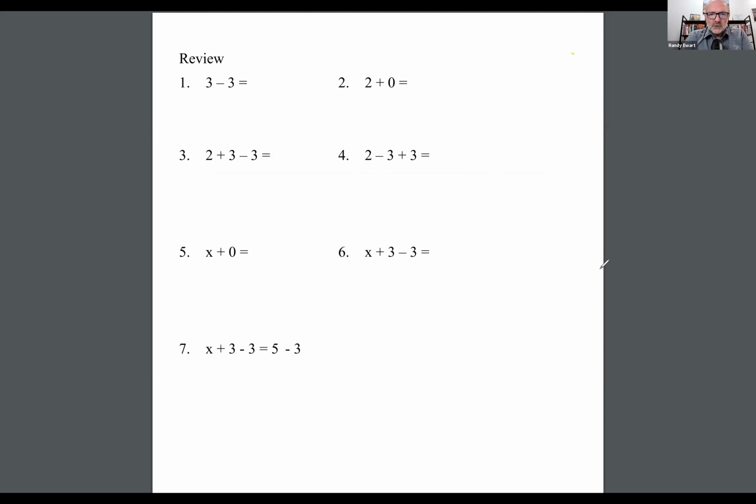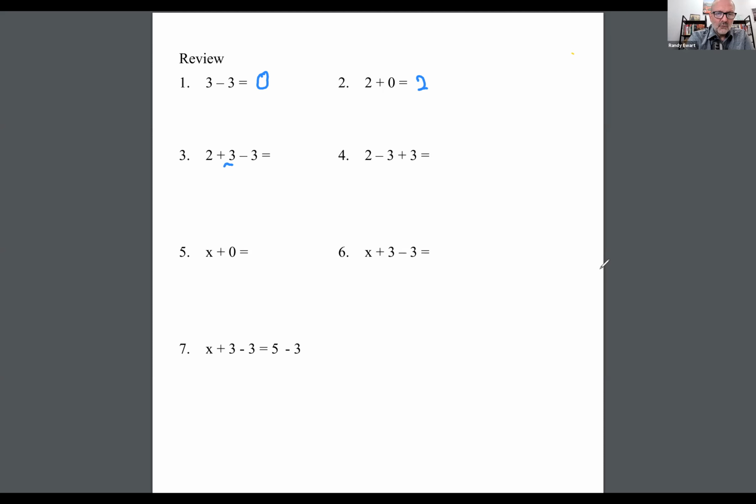So the operations we're focusing on are addition and subtraction. Let's talk about these, and then I'll connect this to the equation and the solving in a moment. So 3 minus 3 is 0. And then when you add 0, 2 plus 0, you just get a 2. It doesn't change the number. Let's combine that.